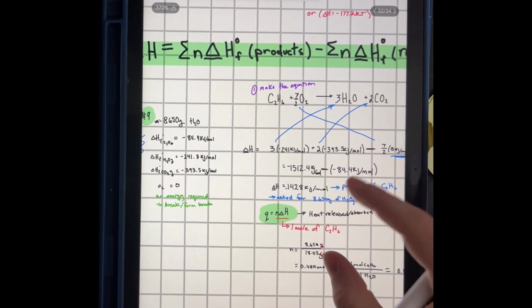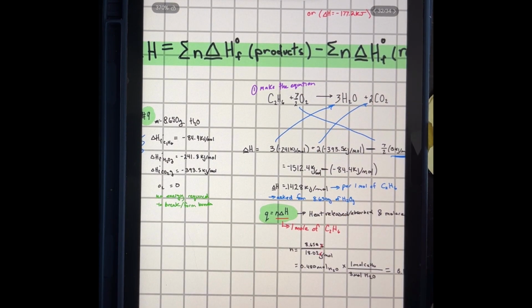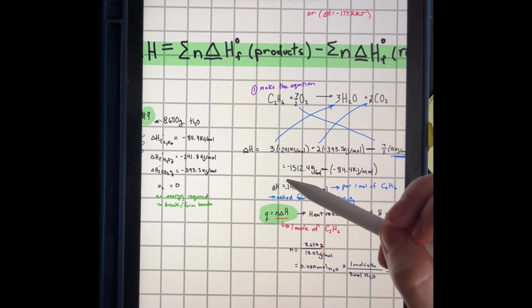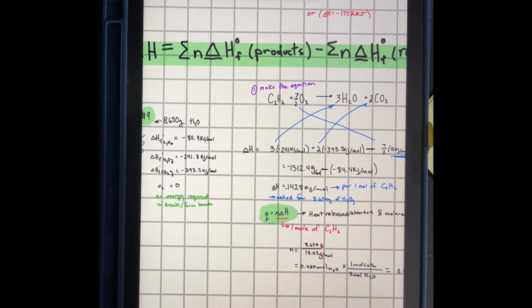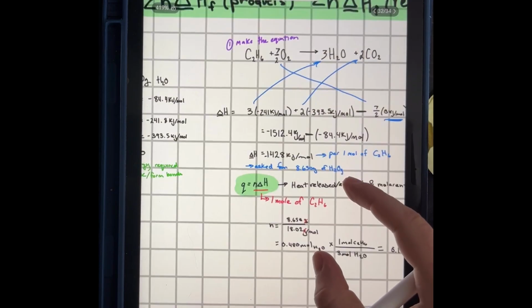But in this question, I think we were asked to find it in terms of H2O for 8.65 grams of H2O. So we want to convert this into per moles of H2O, per 8.65 grams of H2O, which we can do by finding the moles of H2O.